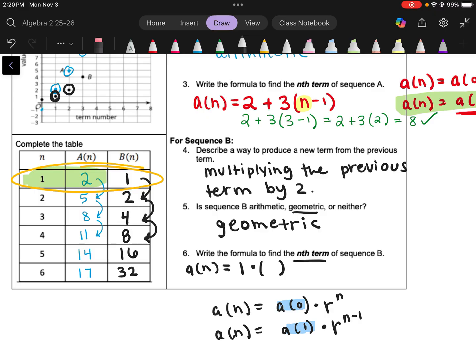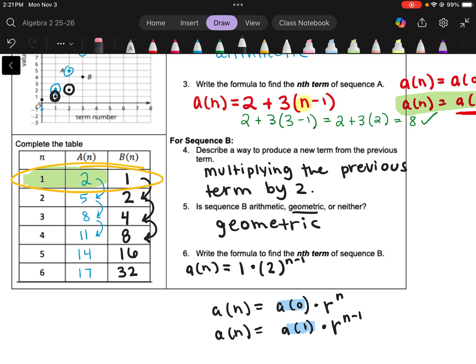What is our common ratio here, guys? We are multiplying by 2 every time. So the common ratio is 2. And then if I start with the first term, then my exponent is n minus 1. Remember that n minus 1 in geometric is an exponent because this looks like an exponential graph if you look at the graph.